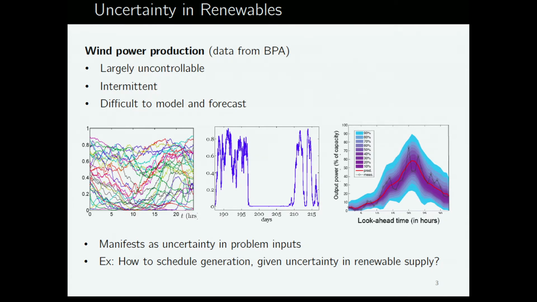So again, a basic question is, how do you schedule dispatchable generation like coal and natural gas given uncertainty in renewable generation that has to be absorbed into the system? That's a basic optimization question, which is highly non-trivial given the underlying constraints embedded in the power system that you have to satisfy.